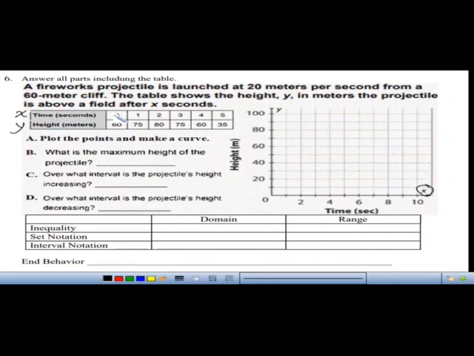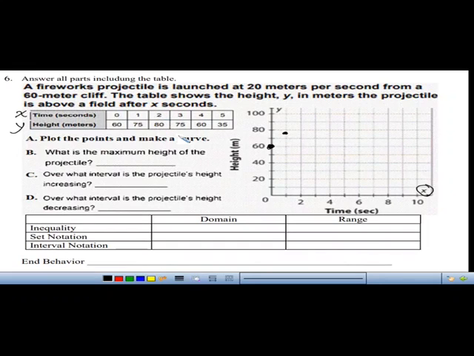So when X is 0, Y is 60. So let's plot that, (0, 60). That's our first point. Next, 1 of X, 75 of Y: 1 second, 75 meters, which is right there.